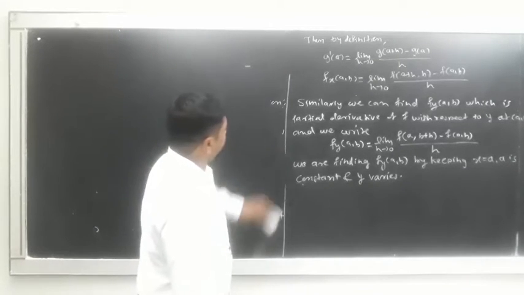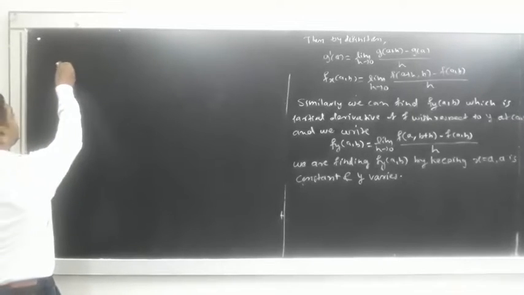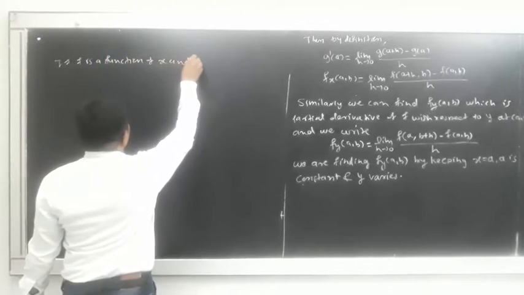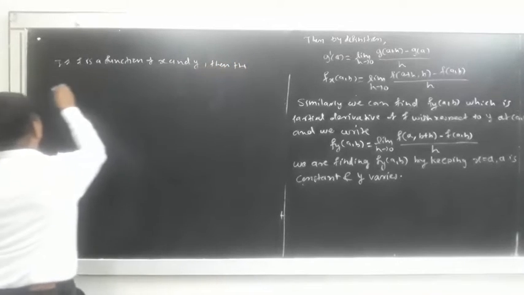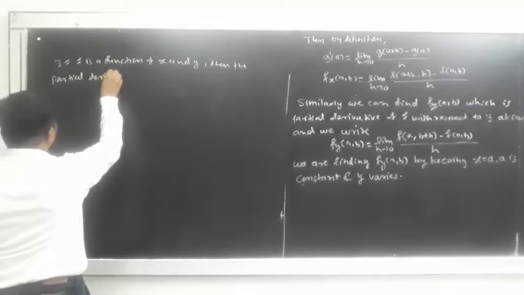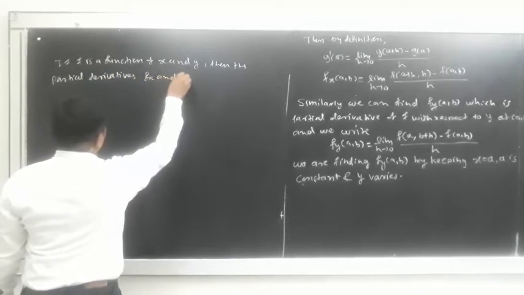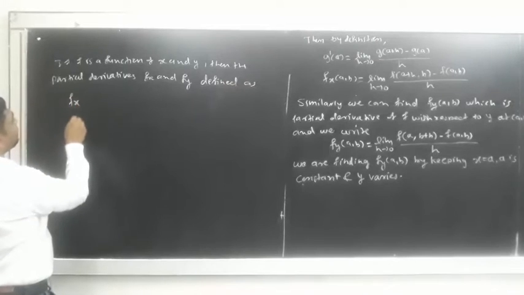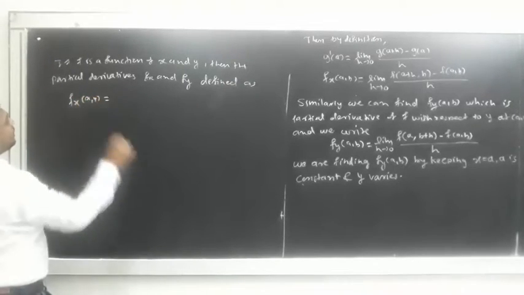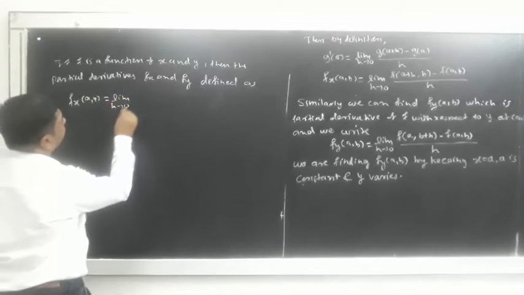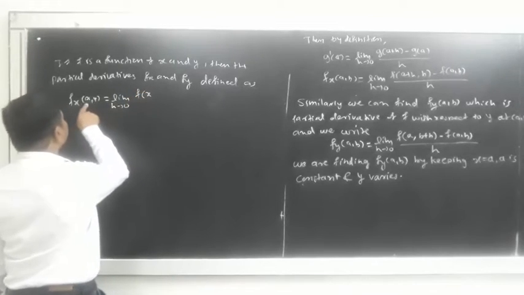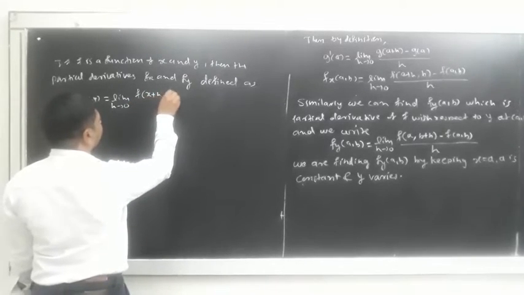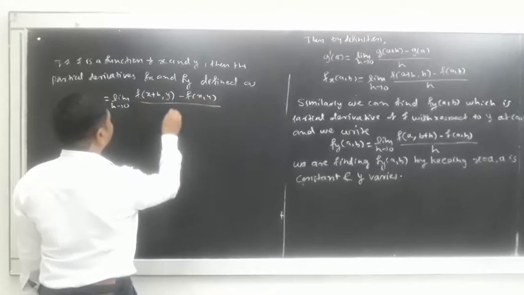How we write the definition in the general form? If f is a function of x and y, then the partial derivatives fx and fy are defined as follows. fx of x, y is equal to the limit h tends to 0 of f of x plus h, y, change in x, minus f of x, y upon h.